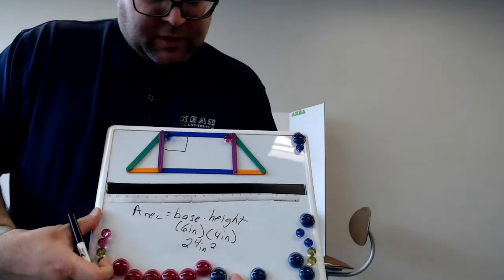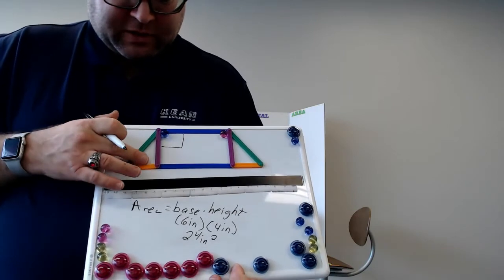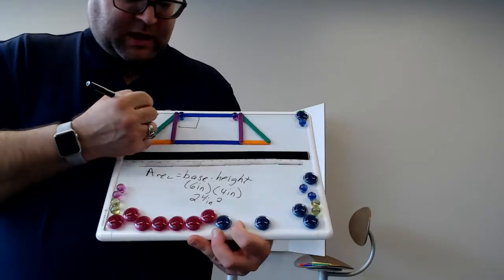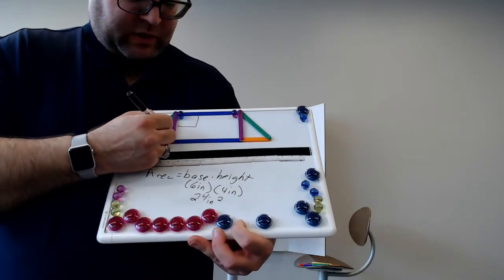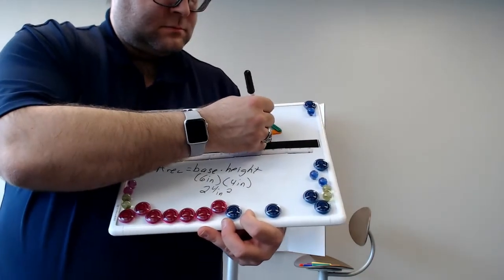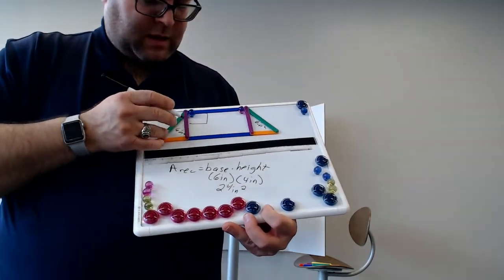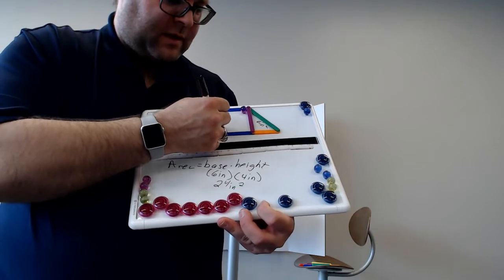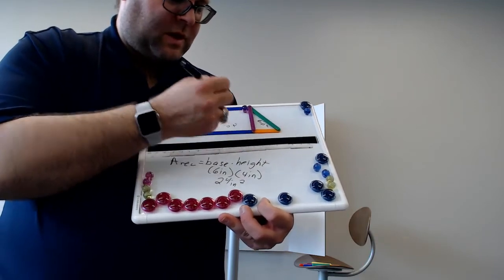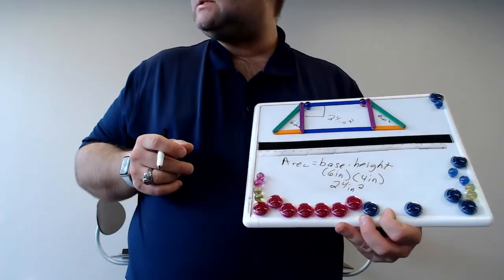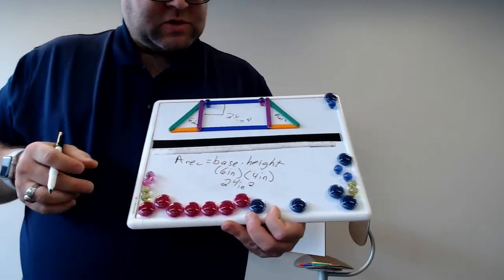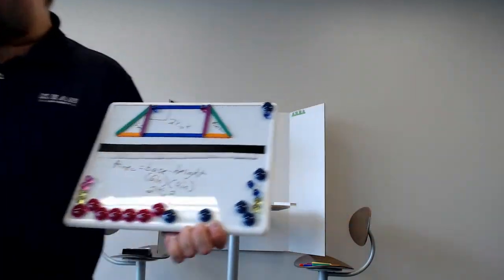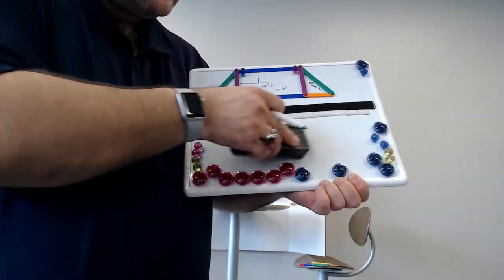So we've determined the areas of our triangles as being 6 square inches and the area of a rectangle to be 24 square inches. And we're interested in verifying the area of our trapezoid.